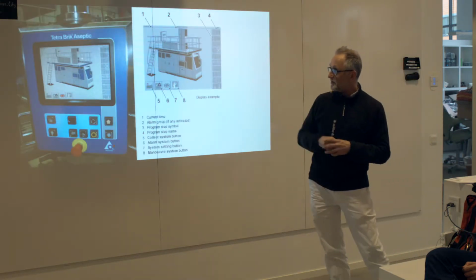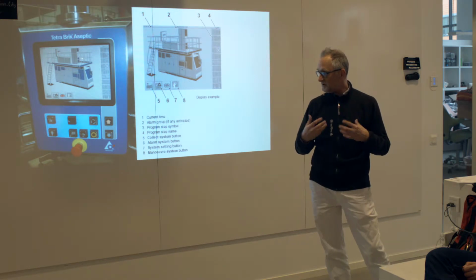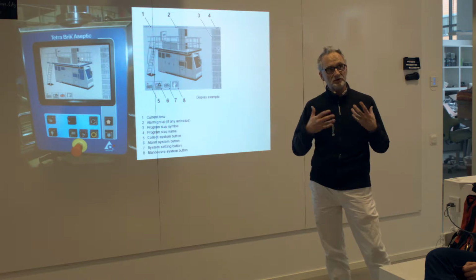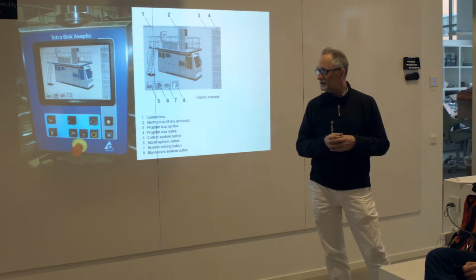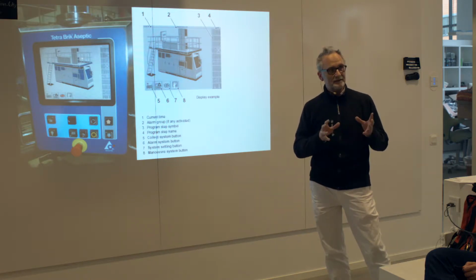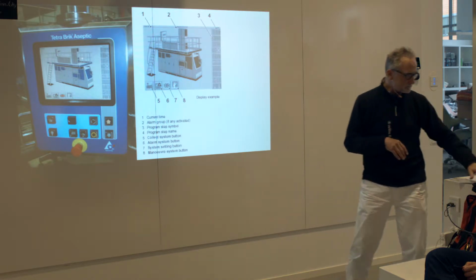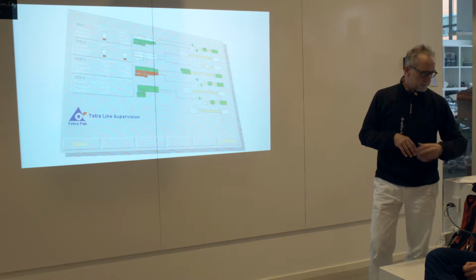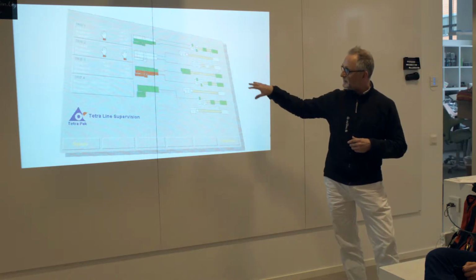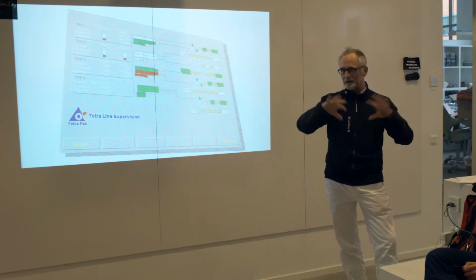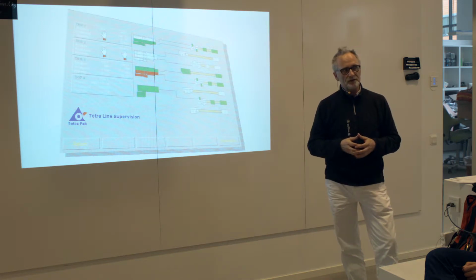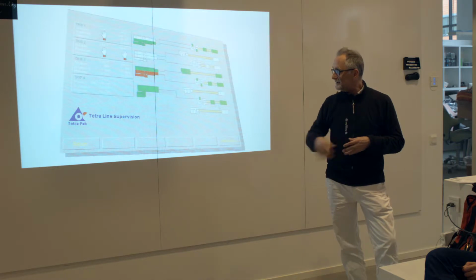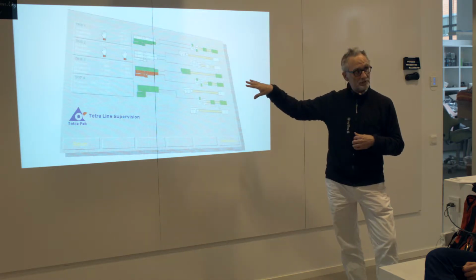This is an example of an operator panel, a user panel to operate one single machine, and you got all the information that you needed to operate that machine there. And this was an overview of the whole production plant, so they could run it and see what they were producing.